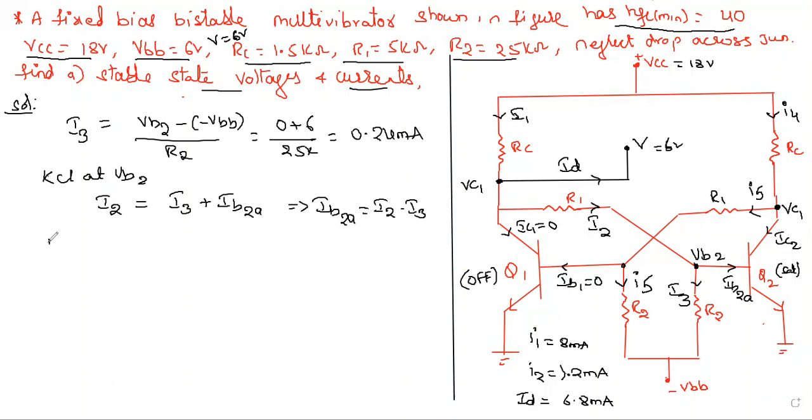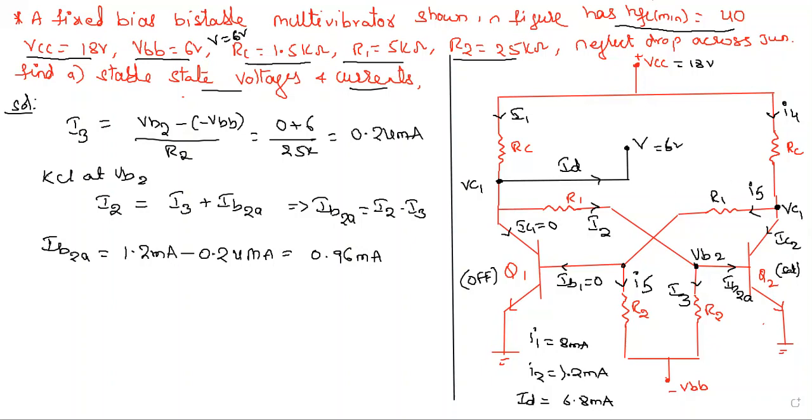I2 is 1.2 milliamps minus I3 is 0.24 milliamps. So IB2 actual is approximately 0.96 milliamps. This is the actual current flowing into the transistor.